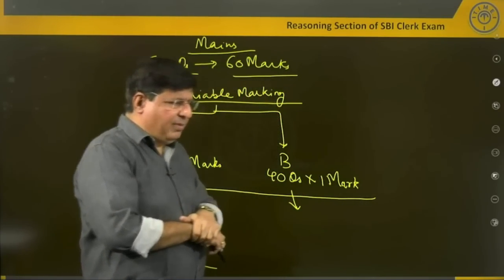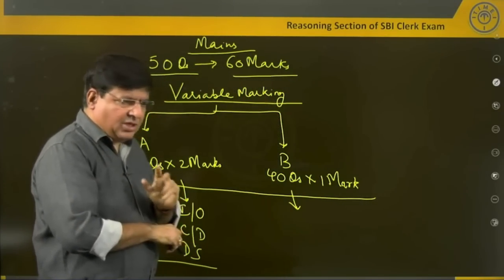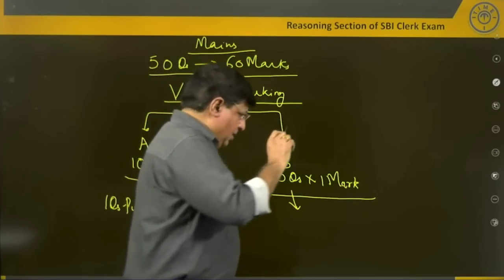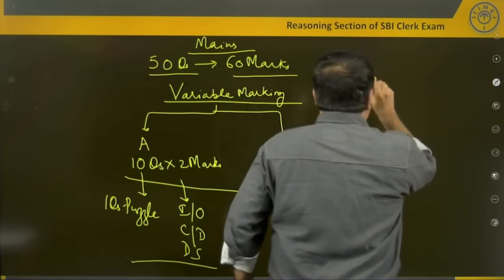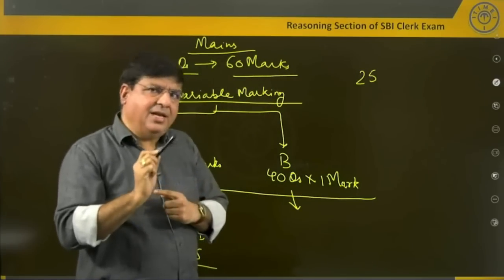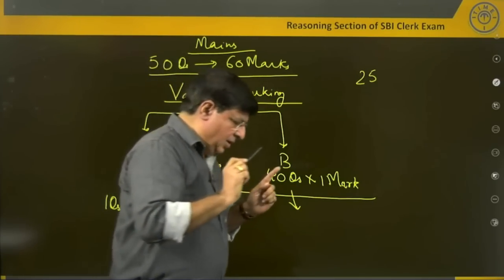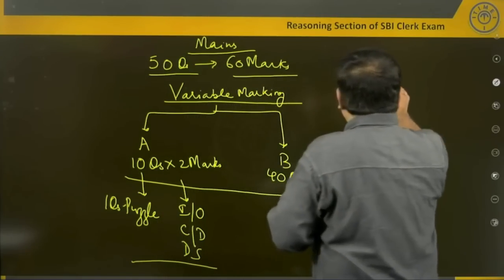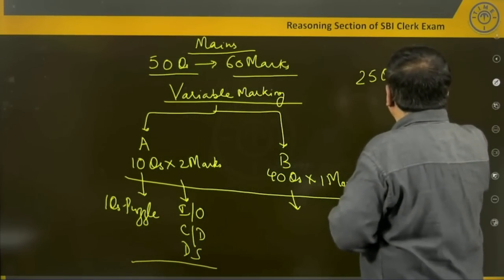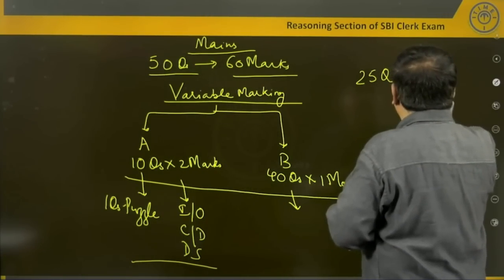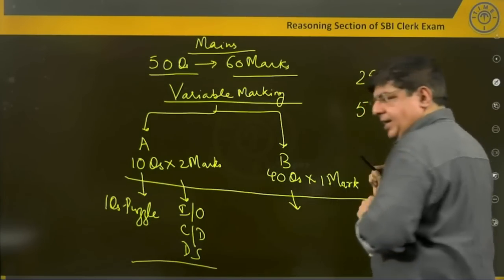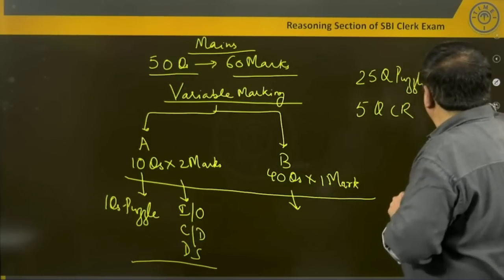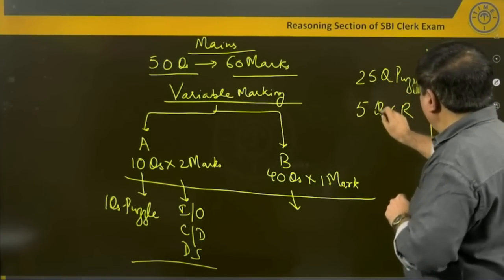One last point before we wind up this session. In mains, we said 40 to 50% of the questions are on puzzles, in mains as well as in prelim. So if we assume there are 25 questions on puzzles and you have 5 questions on CR, that is critical reasoning, 25 and 5, 30.